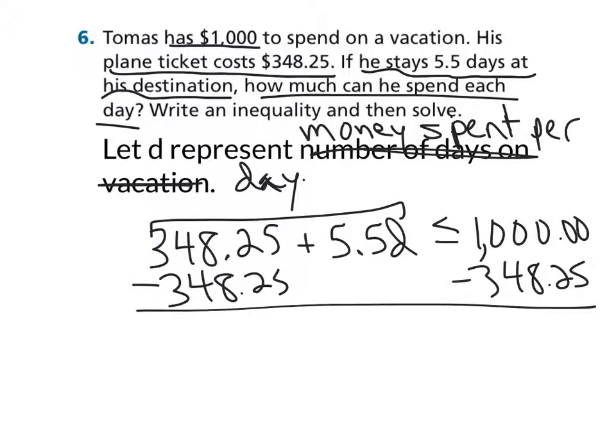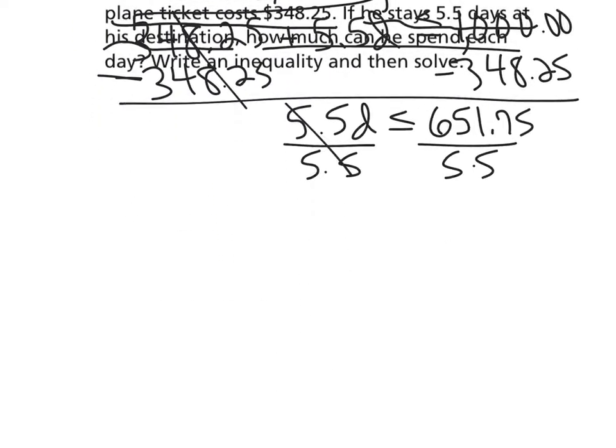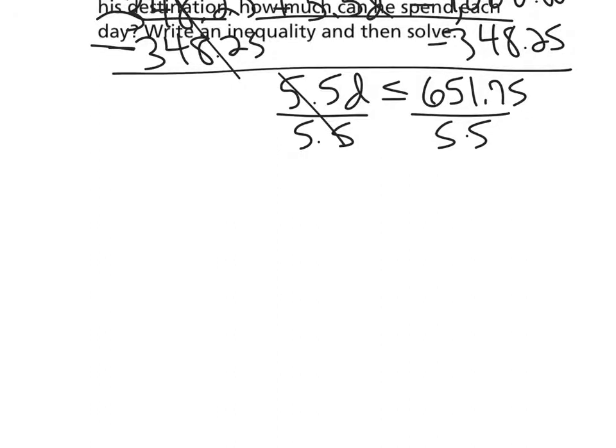If we were doing this by hand, remember our decimal points would have to be lined up. When you subtract, you get $651.75. And then if you divide that by 5.5, remember we're not dividing by or multiplying by a negative here, so don't switch your inequality sign around.